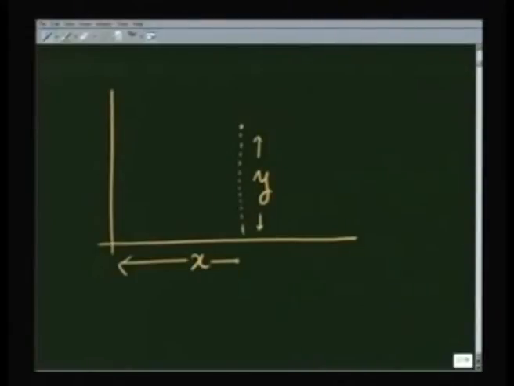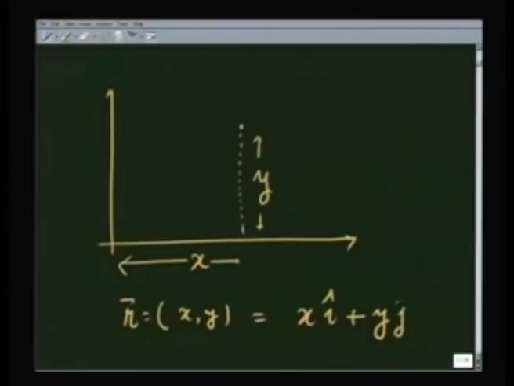So that I would write that r in this plane is given by x, y, or the vector x, unit vector i in x direction, plus y, unit vector j in y direction.